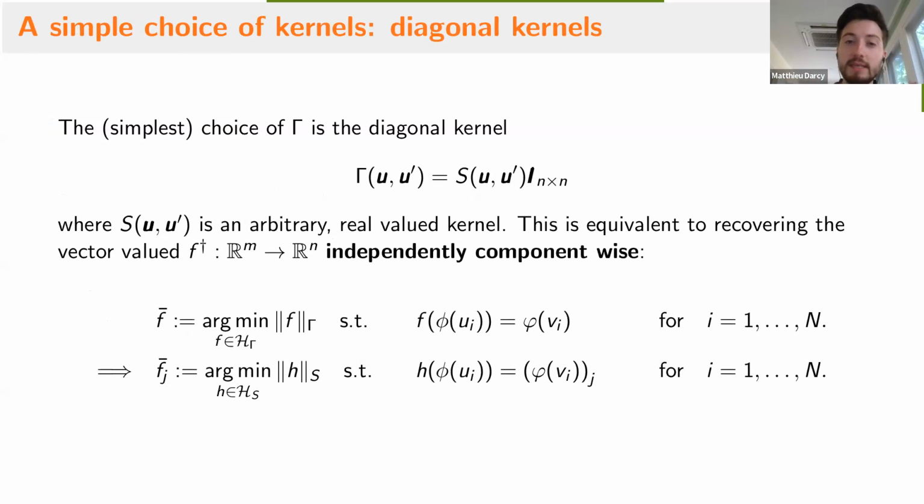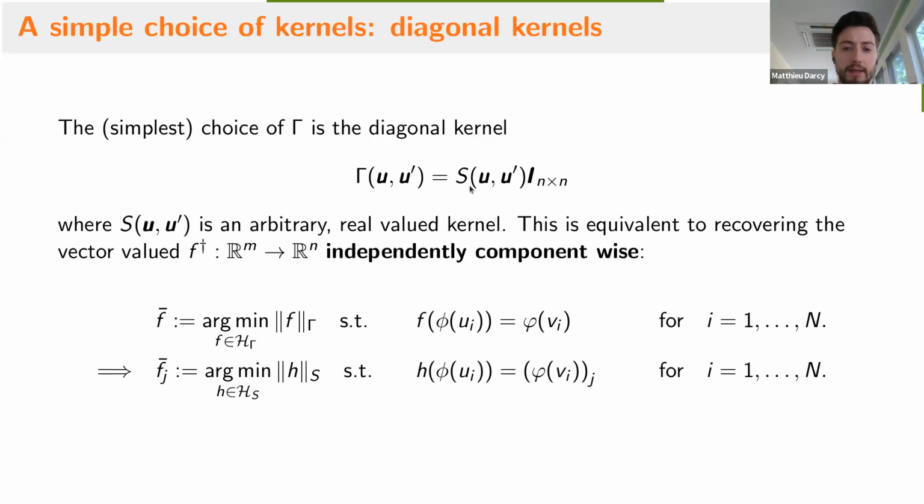But there's a very simple choice of matrix valued kernel, which is given by a diagonal kernel. Here, gamma takes in two inputs, takes a real valued kernel, so a scalar, and multiplies the identity matrix by this scalar. So this produces a matrix which is diagonal and has identical diagonal entries given by this scalar valued kernel.